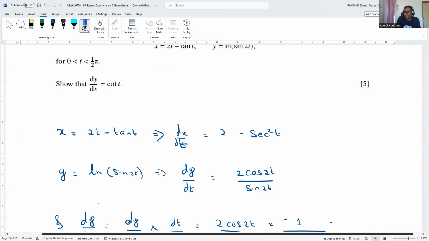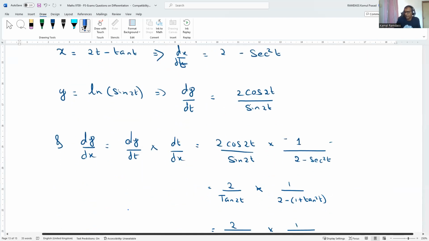Y is equal to ln sin de 2t, moi différentiate ça. Avec 2 cos de 2t, divided by sin de 2t, moi gagne dy by dt. dy by dx, c'est dy by dt multiplied by dt by dx. Ça, c'est dy by dt. Et on a besoin de divide by ça.